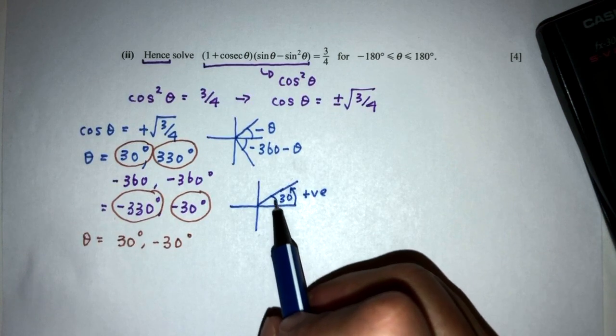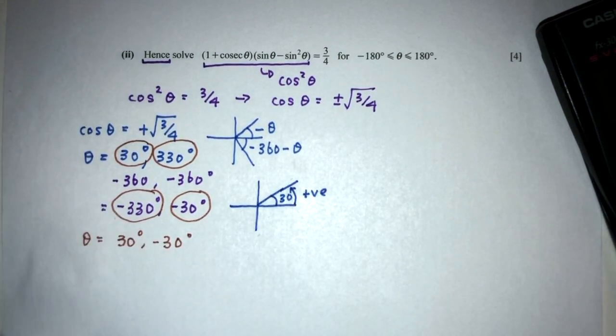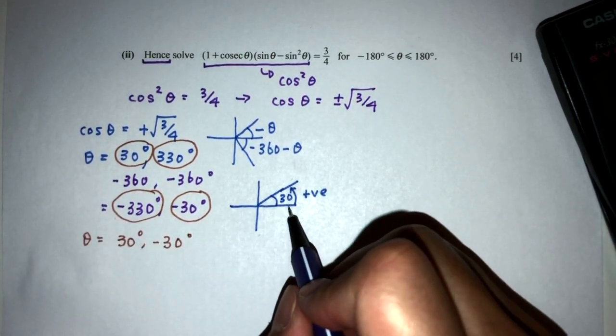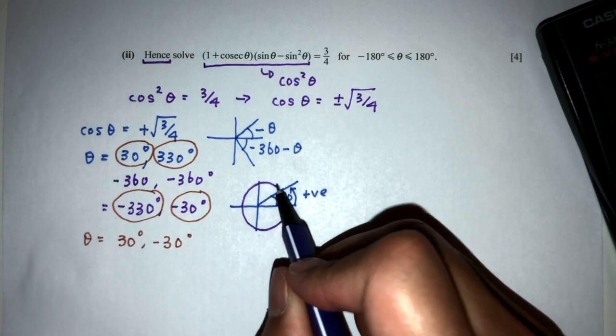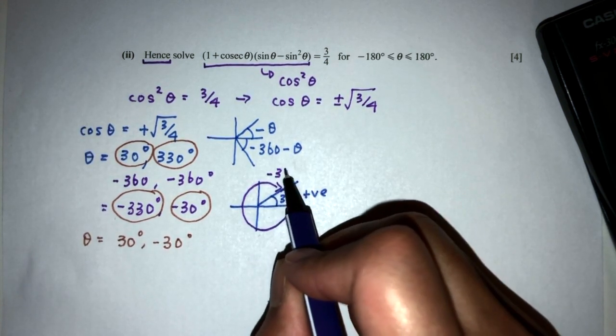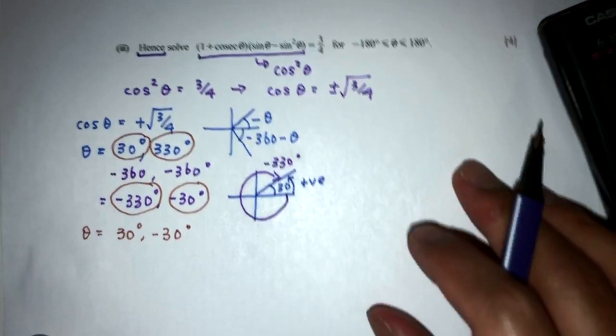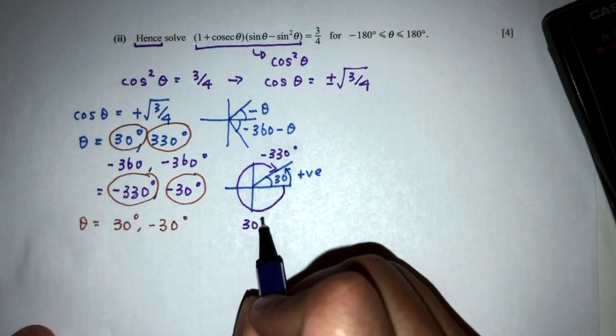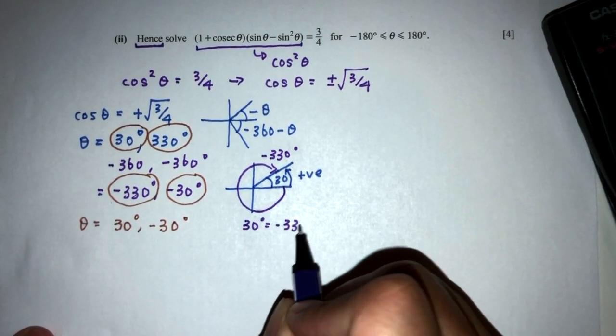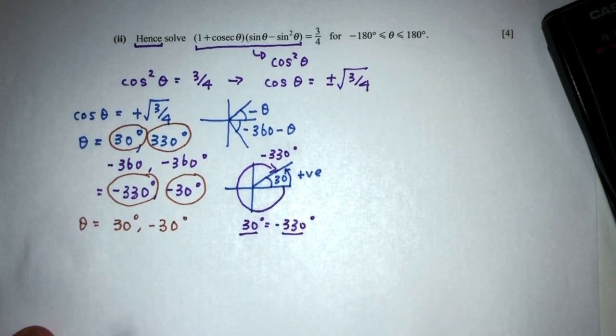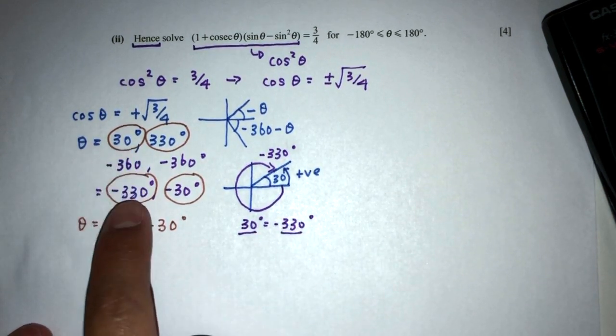But now the same angle could also be measured in the opposite direction. So we can start here, measure here until here. That will be minus 330. So basically what it means is that 30 degrees is the same thing as minus 330 degrees. As you can see here, this is the same thing as this.